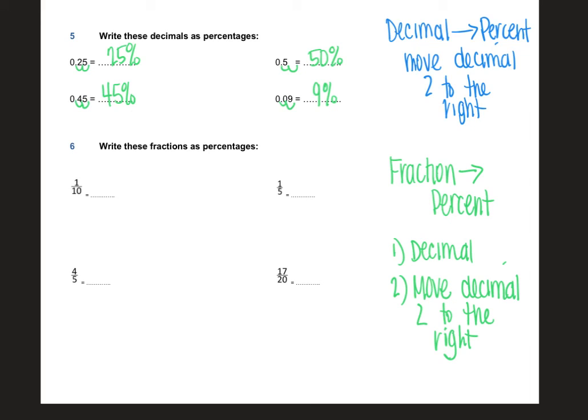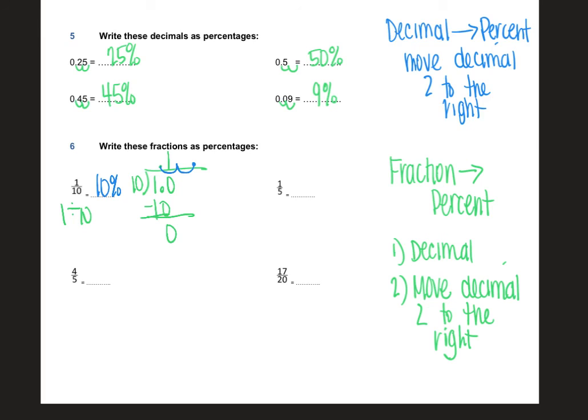Okay, so here, if I have 1/10, again, I can plug that in my calculator, 1 divided by 10. But if I do it this way, I get 0.1, but then I need to move it 2 to the right, so I get 10%.